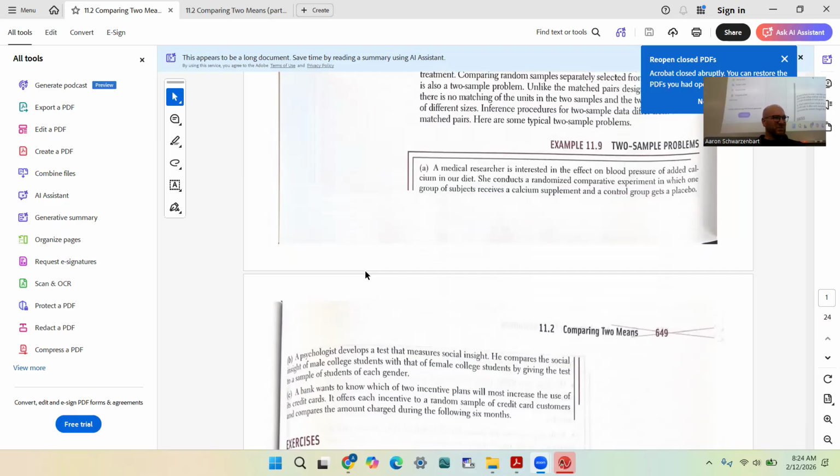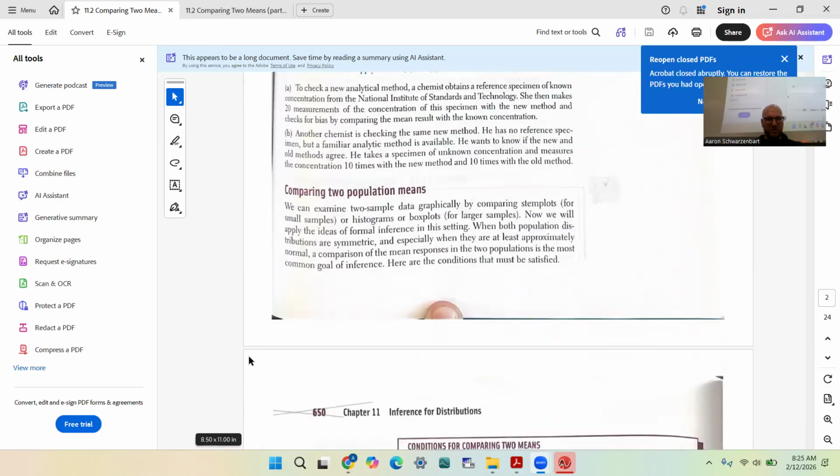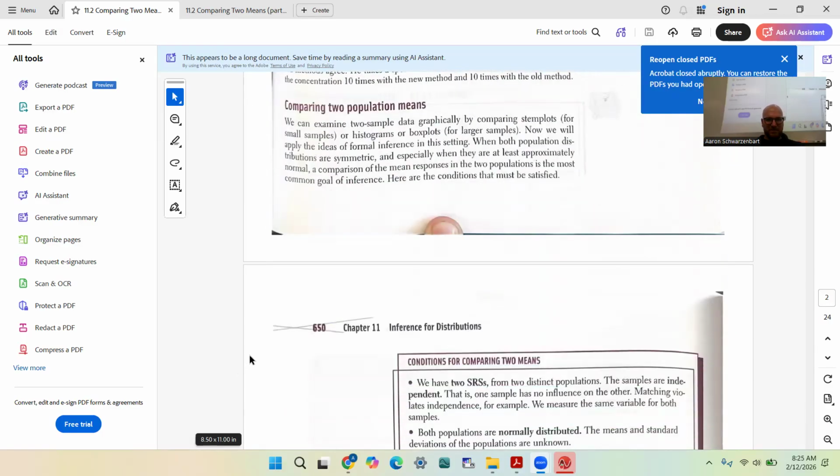So the randomization in matched pairs would be what order you get offer one versus offer two. And when this was written, credit card rewards was like a new thing, so trying to get people to use their credit card by offering them rewards for using it.